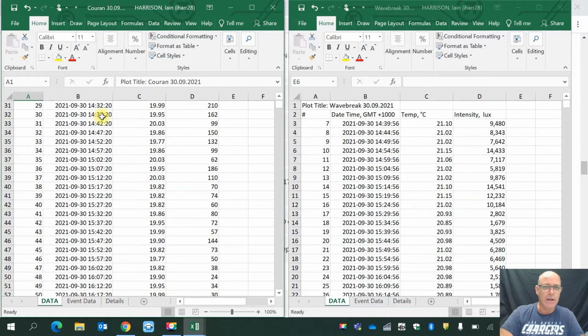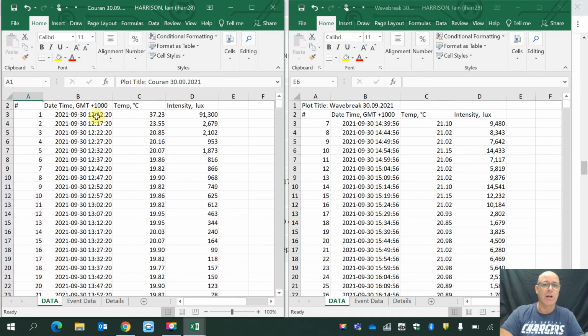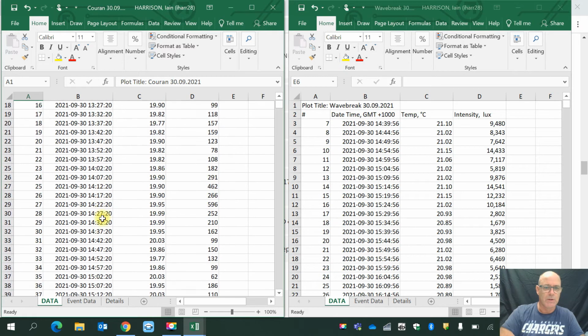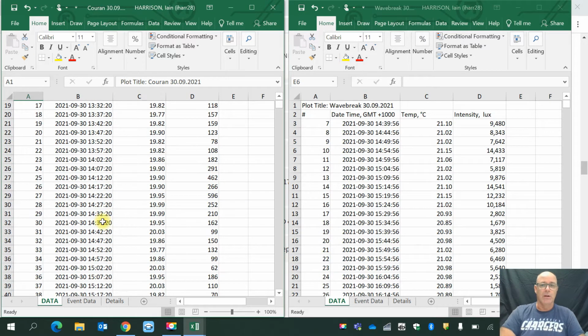Can you see here we have 14.37? Because there's a large amount of information in front of it, we're going to keep 14.37, but everything above that we are going to select.